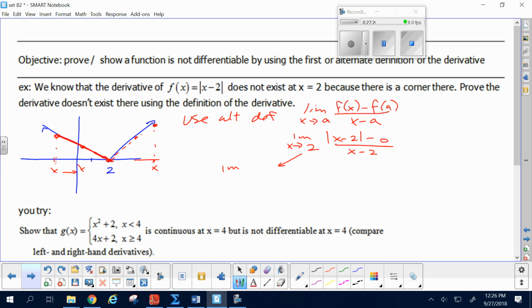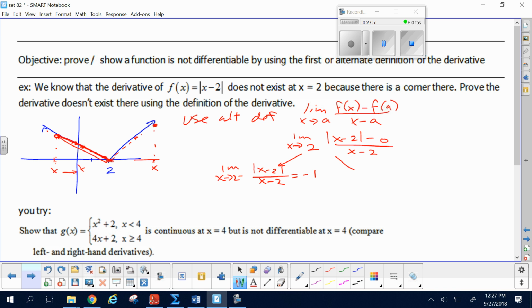What about as x goes to 2 from below? Like 1.9. If x is 1.9, what's 1.9 minus 2? Negative 0.1. Absolute value is 0.1. So 0.1 over negative 0.1 is negative 1. That'll be the case at all points, because that slope is always negative 1.